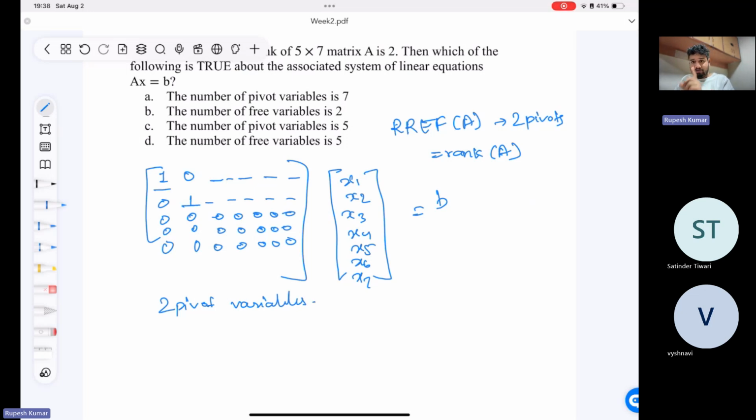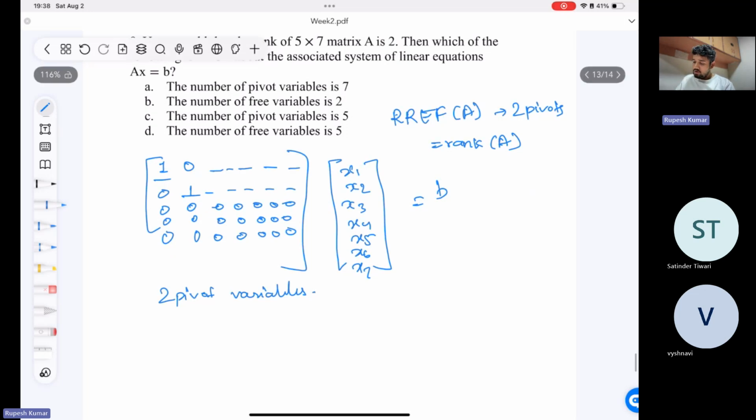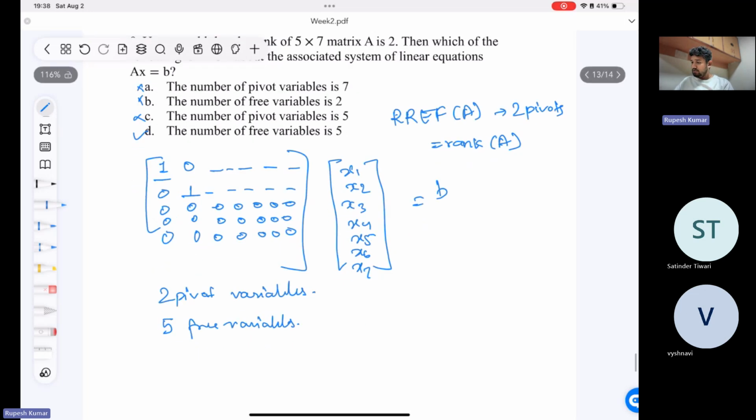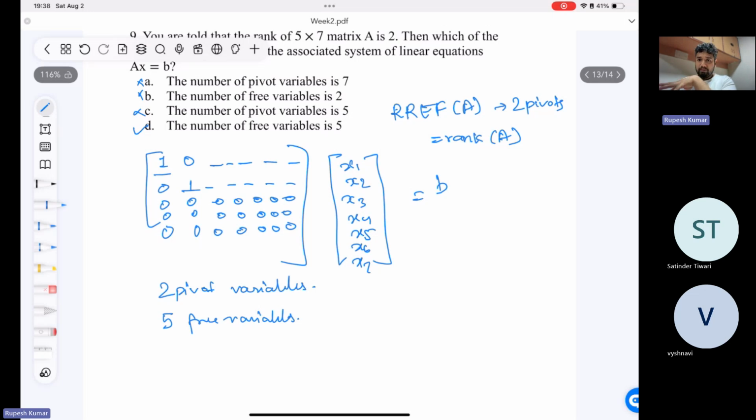So how many free variables do we have? We have five free variables. So the correct answer is option D, I guess, right? Yeah, option D is the correct answer. So if you have this system, you will have five free variables and two pivot variables. Is this clear, everyone?